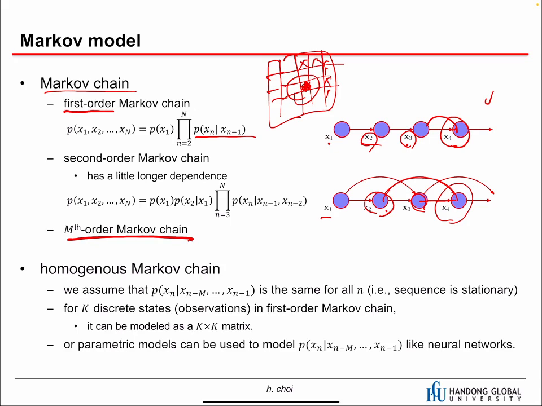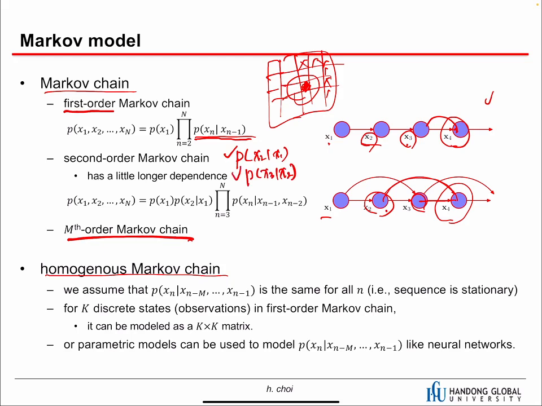And we assume that it is a homogeneous Markov chain, which means P of xn given xn minus 1 is always the same. So P of x2 given x1 or P of x3 given x2, these probabilities have the same kind of equation.